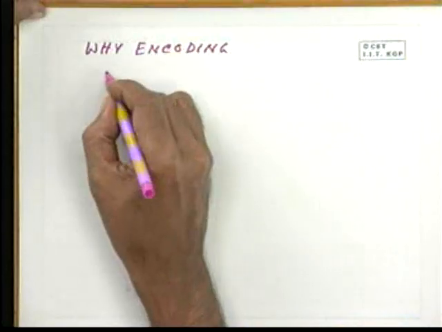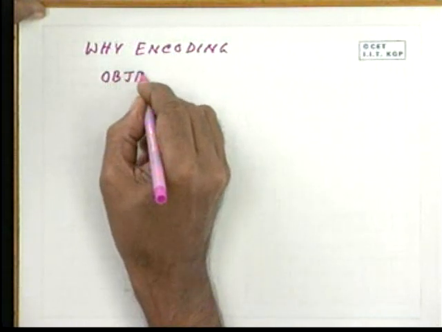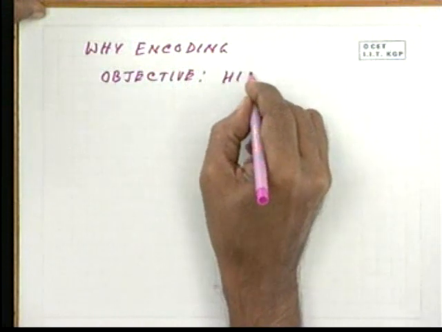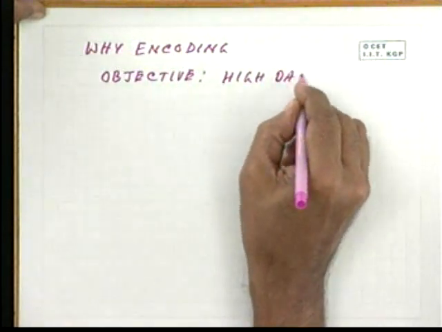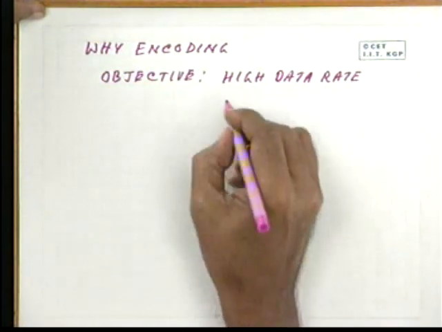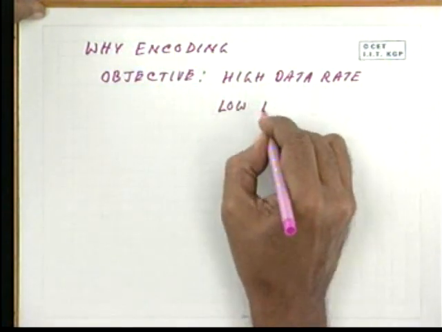Now, given a bandwidth of the transmission media, our objective is to send data at its highest data rate and with minimum error. So, the objective is high data rate and low error.